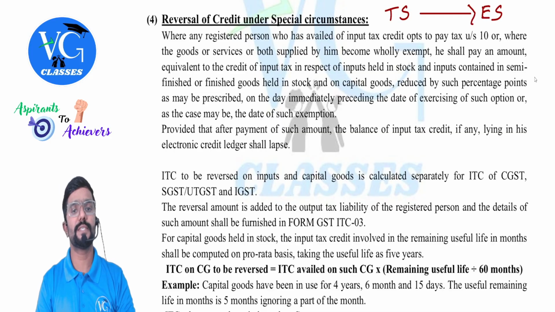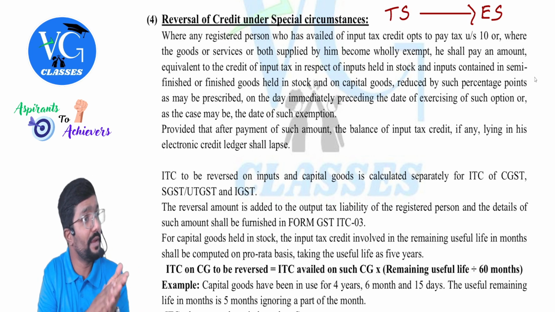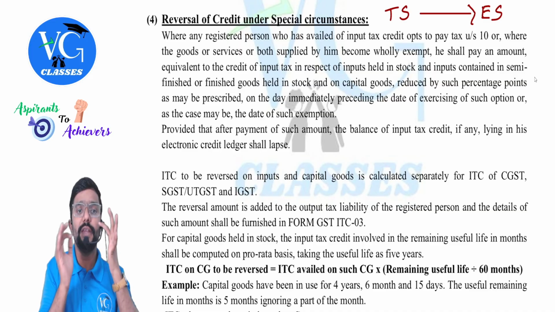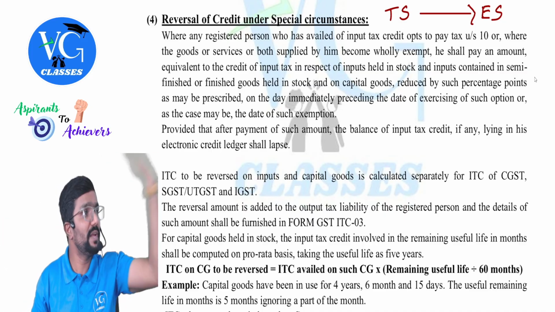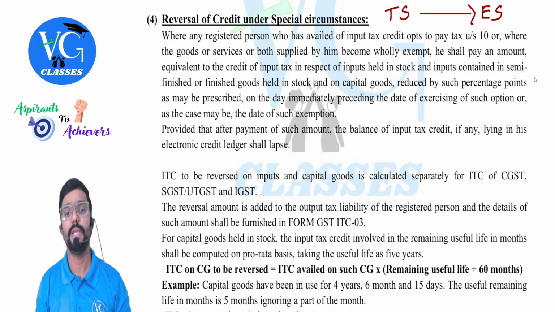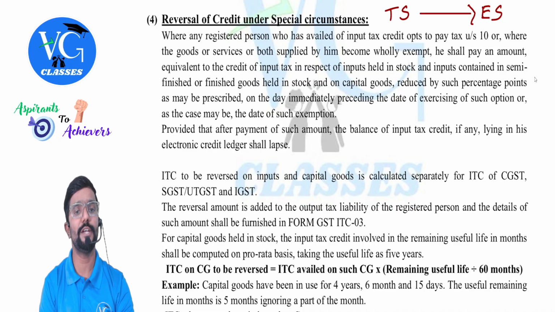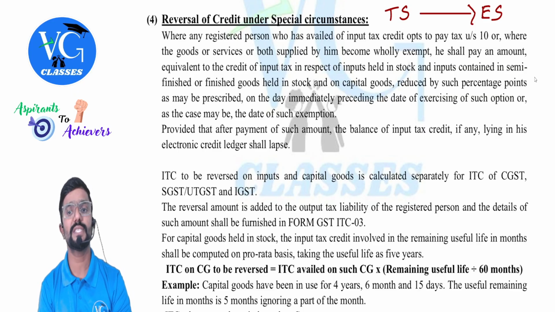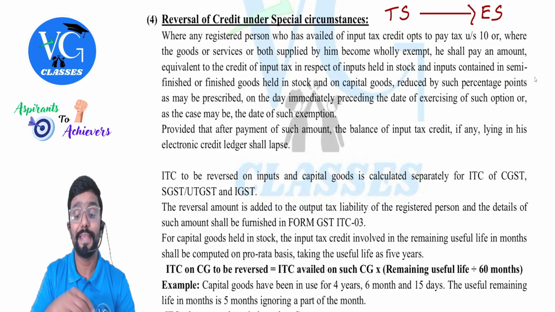Where any registered person who has availed of input tax credit opts to pay tax under section 10, means he was under 9, now he is going for 10, or where the goods or services or both supplied by him become wholly exempt, means previously it was taxable, now it became exempt, he shall pay an amount equivalent to the credit of input tax in respect of inputs held in stock and inputs contained in semi-finished or finished goods held in stock, and also capital goods.